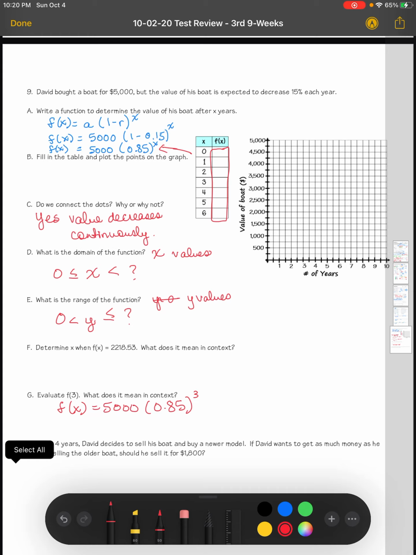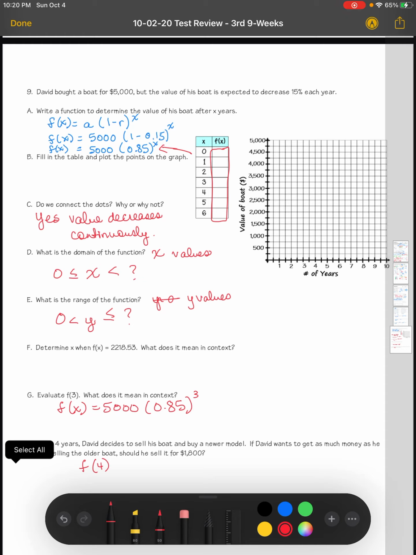Number 14, after 4 years, David decides to sell his boat and buy a newer model. If David wants to get as much money as he can off selling the older boat, should he sell it for $1,800? So we're talking about 4 years. So what is the value of his boat after 4 years? f of x.